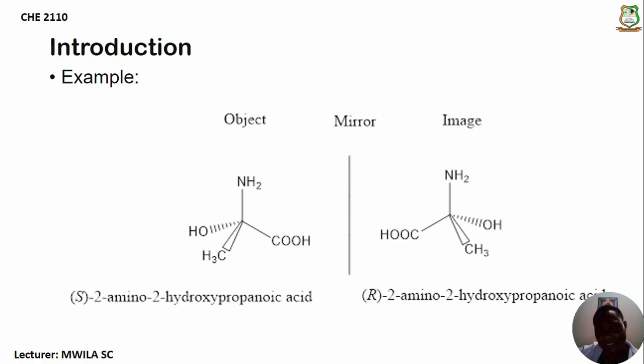If we are not careful, we'd say they are identical, they look the same, but actually they are different. The one on the right is the mirror image of the one on the left. So we have one that is left oriented and one that is right oriented.